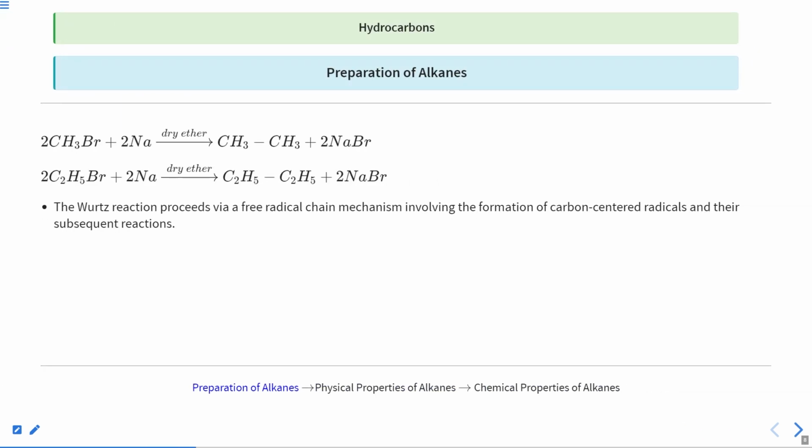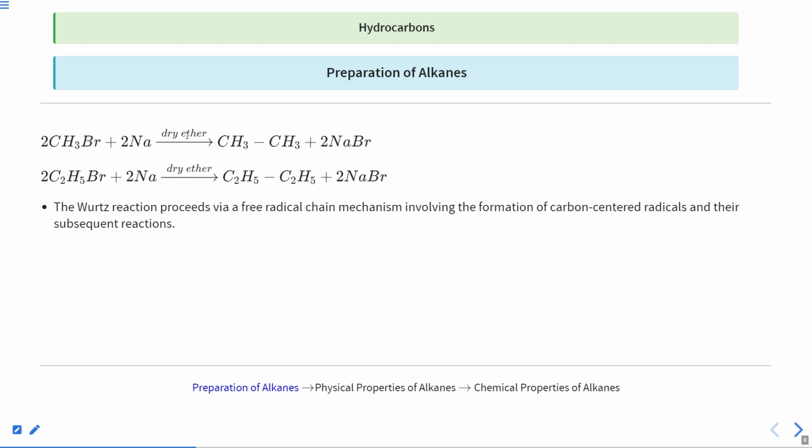Here is an example. In the first case, we have taken an odd number of carbons in the alkyl chain, which is CH3Br. Both carbons are added and give a compound with an even number of carbons. In the second case, we have taken an even number of carbons in the alkyl halide. Again it gives an alkane chain containing an even number of carbon atoms. Clear? So you can see the reaction condition.